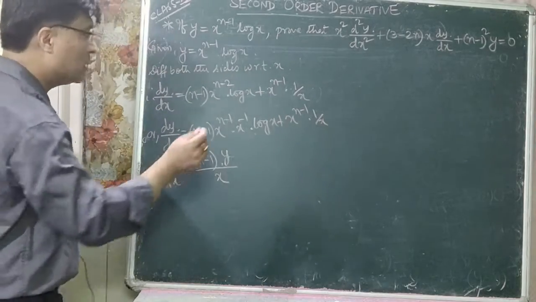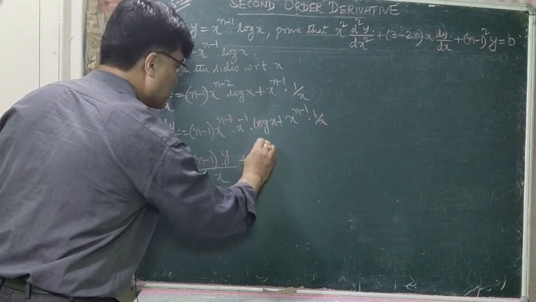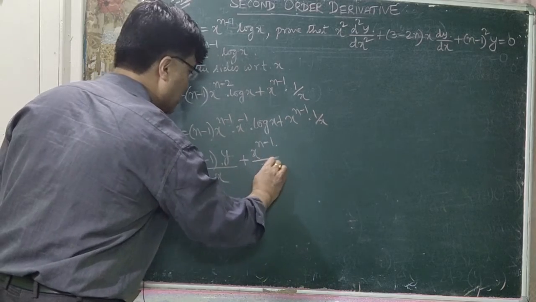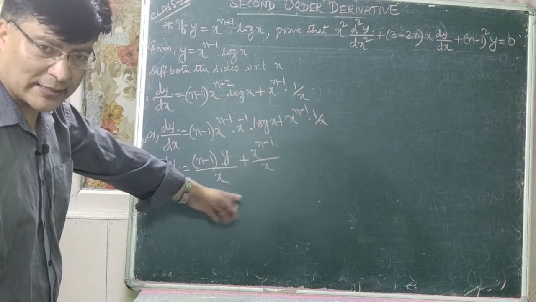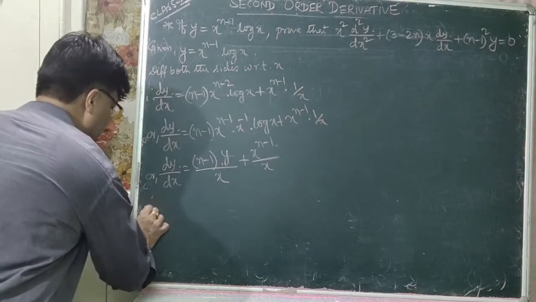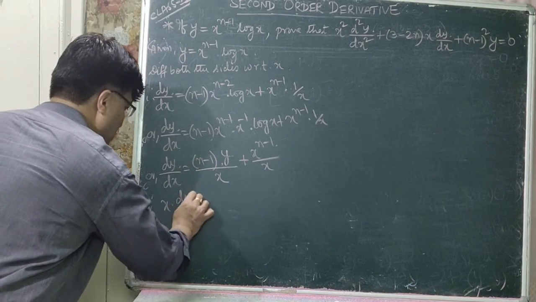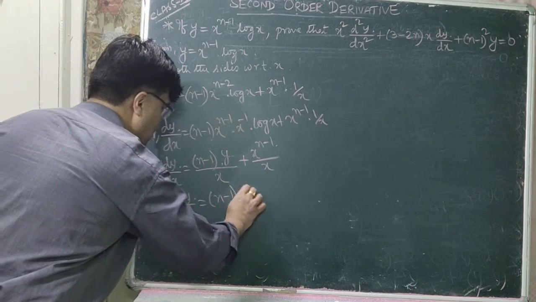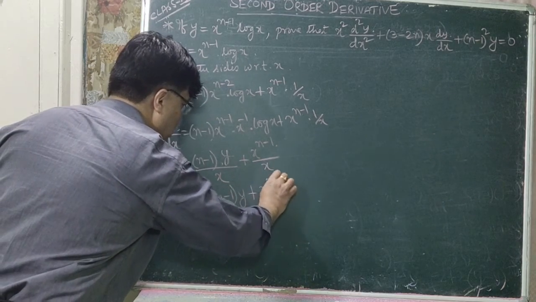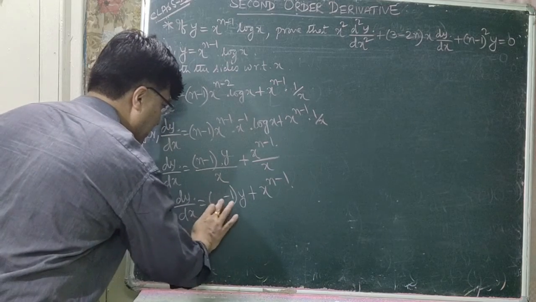Is that clear now? So next, plus x to the power n minus 1 divided by x. Now take the LCM. What is the LCM on the right hand side? It is x. Cross multiply. What do we get? x into dy by dx is equal to n minus 1 into y plus x to the power n minus 1.